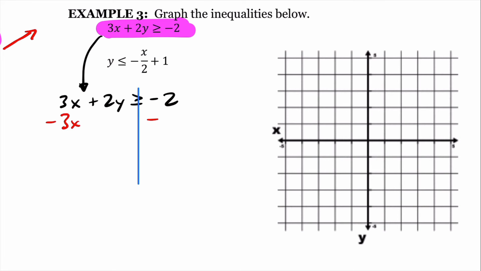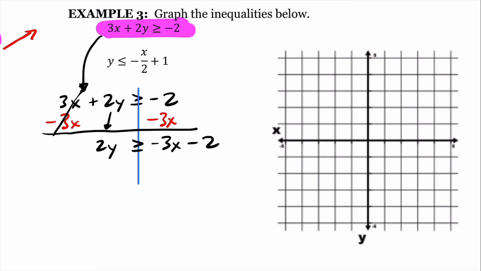Subtract 3x from both sides. Can't subtract -2 minus 3 because -2 does not have an x. So I write the number -3x first, and then a -2 afterwards. Divide everything by 2. So I get y is greater than or equal to -3 over 2 x minus 1.